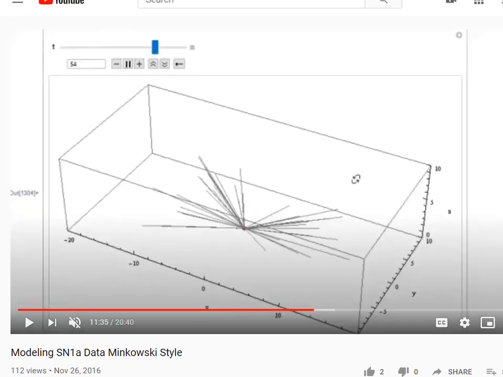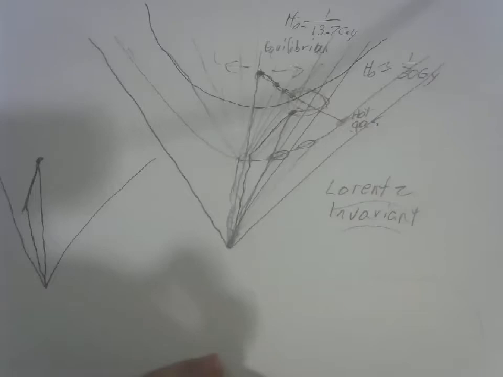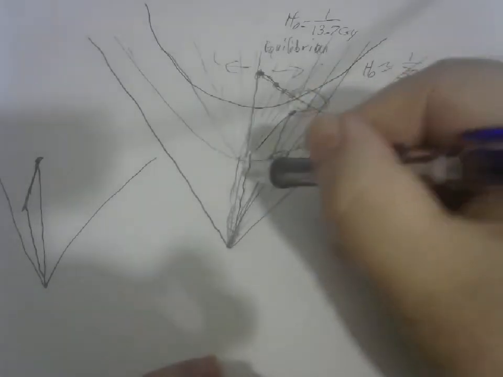I used their right ascension, declination, magnitude, and Z value to calculate a velocity and position for each of the supernovae. And then I just assumed that each had been moving away from the origin at a constant speed. And basically, that's what this diagram looks like.